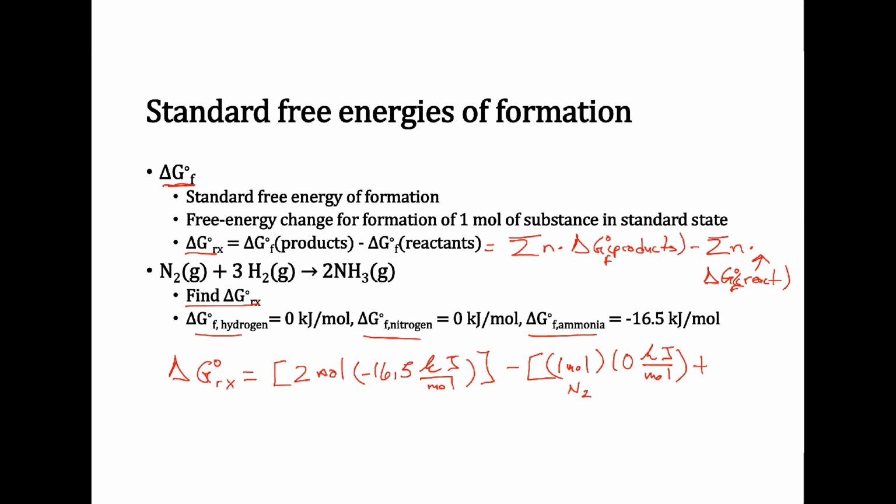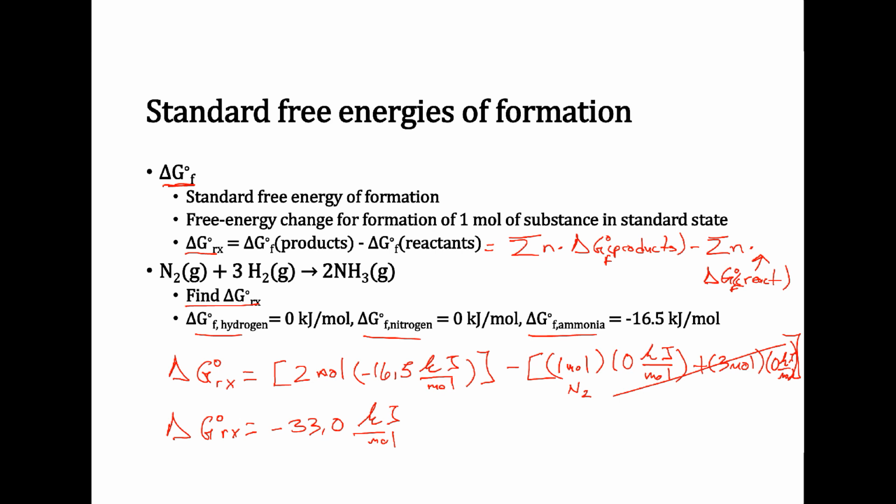Plus 3 moles times that 0 kilojoules per mole. Close our brackets off. So this whole term goes to 0. So delta G of reaction is equal to negative 33.0 kilojoules per mole, or sometimes we'll just write it as kilojoules.